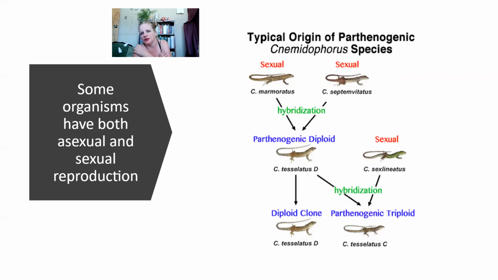If you have 3 sets of chromosomes, how do you split those evenly amongst 2 cells? You can't really do meiosis properly, right? You can't split up an odd number into even whole numbers. You can't do it. And so these guys actually can't reproduce on their own.